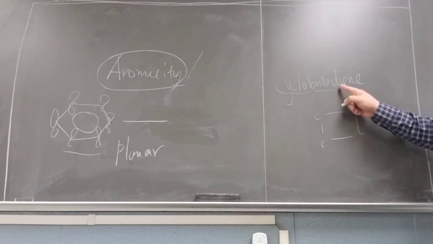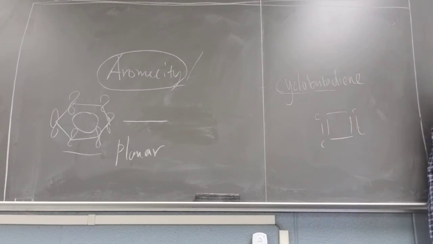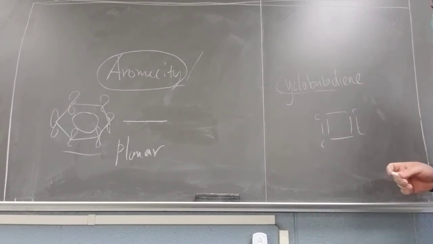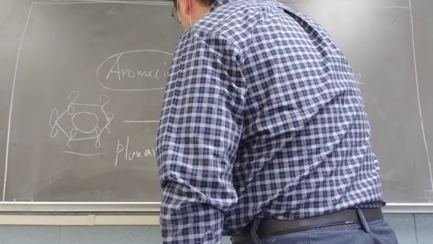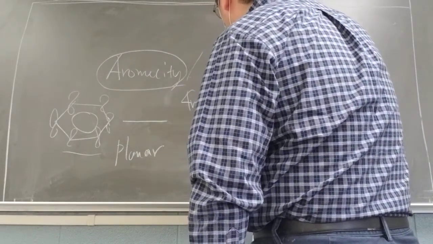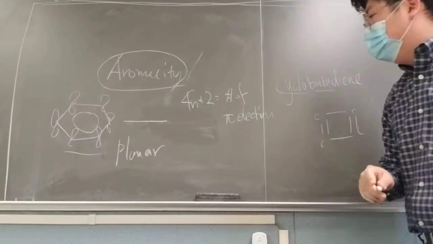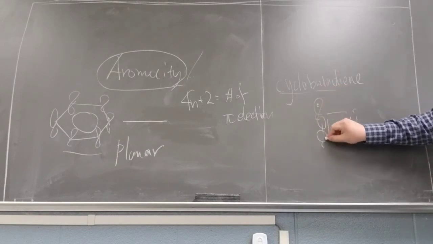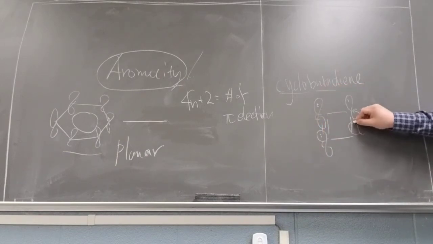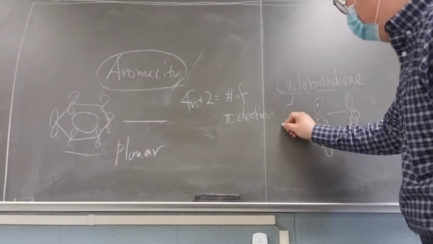Just ring it. But you have a diene, so there will be 2 double bonds over there. In 4n plus 2, the number is the number of pi electrons. So if you count the number of pi electrons in here, there will be 4: 1, 2, 3, and 4. So if you look at this one here, you have 4 pi electrons.